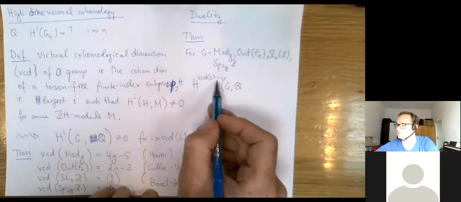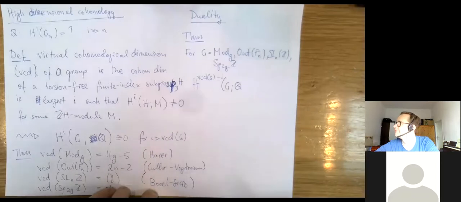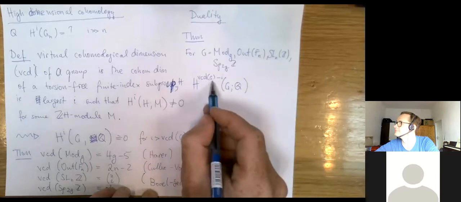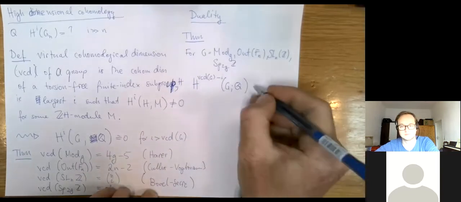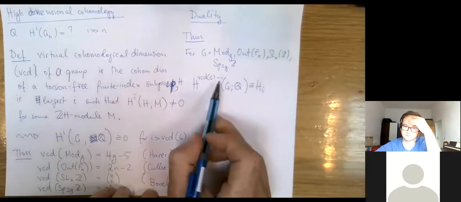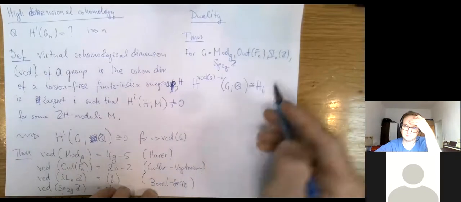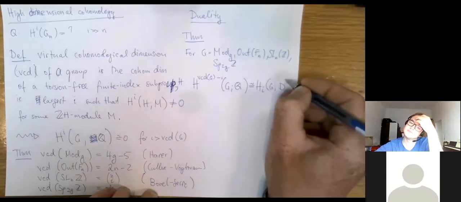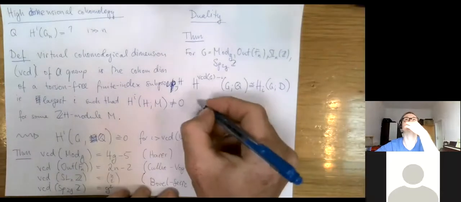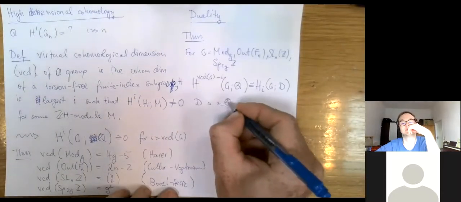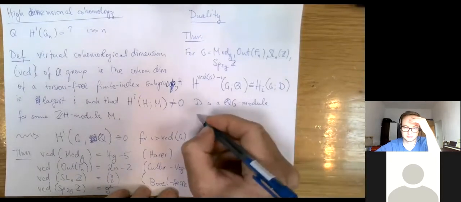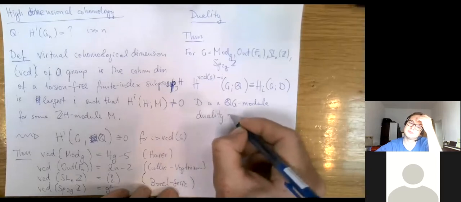And of course, you can also go all the way down to i equals VCD, so it doesn't have to be close to it, but the idea is we want to figure something out about the large cohomology. This is isomorphic to the low homology of the group with a specific module D, where D is a QG module and is called the duality module of G.